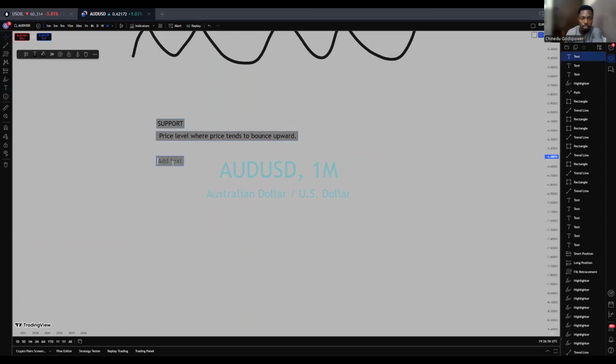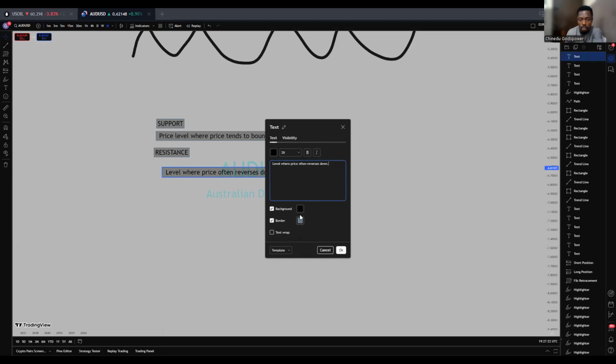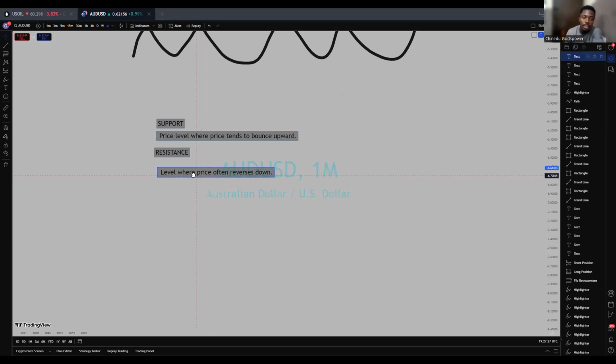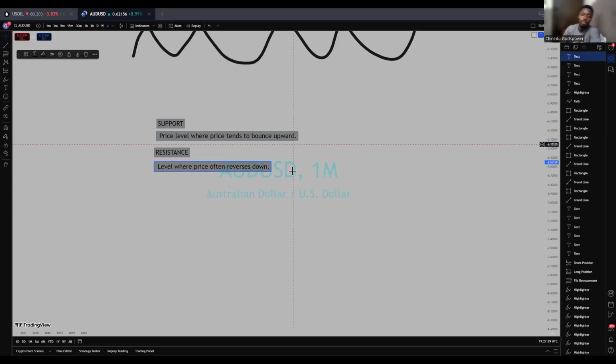Resistance. Let's write this. Resistance: these are levels where price often reverses down.